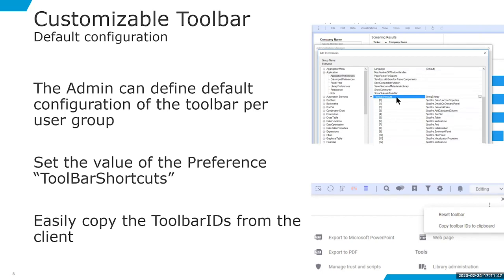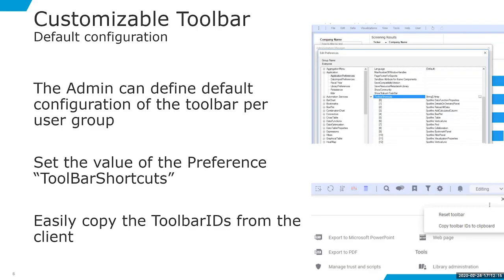And this is then, since it's a preference, it works just like any other server preference in Spotfire. You can set it per user group. So some users may have a certain toolbar configuration, other users may have others. Each individual user can then change the toolbar as I demoed initially, and they can change it to their liking.